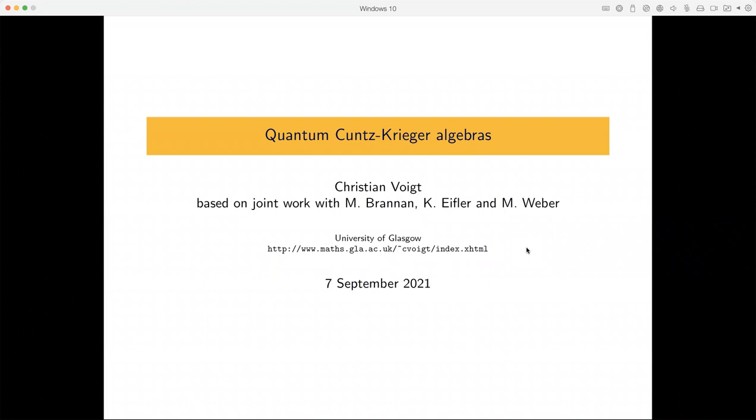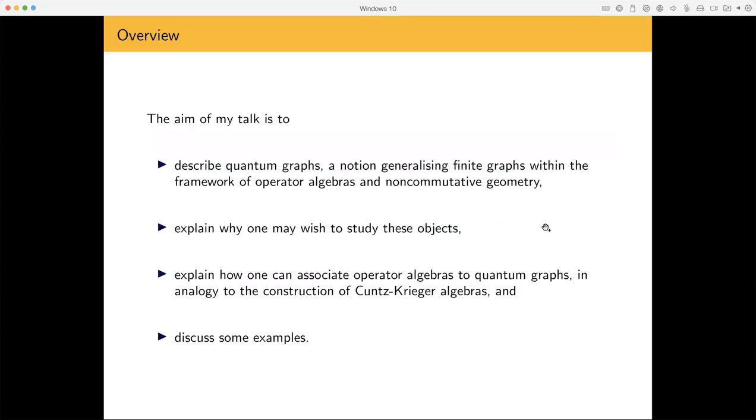This is all happening in the framework of C-star algebras, but some of these constructions would make sense at an algebraic level as well, and would also lead to some families of algebras there.